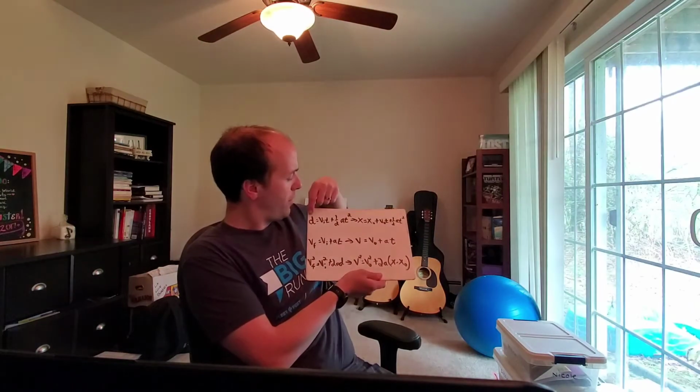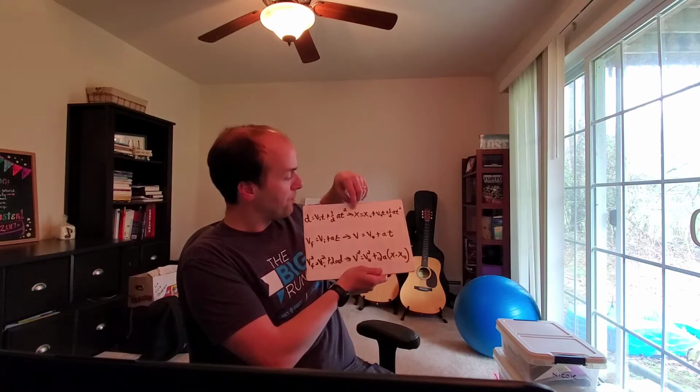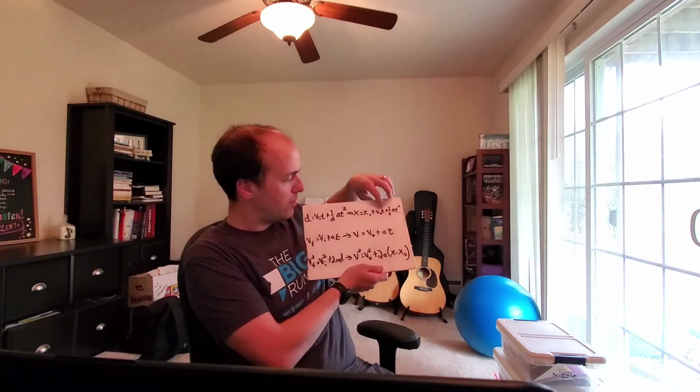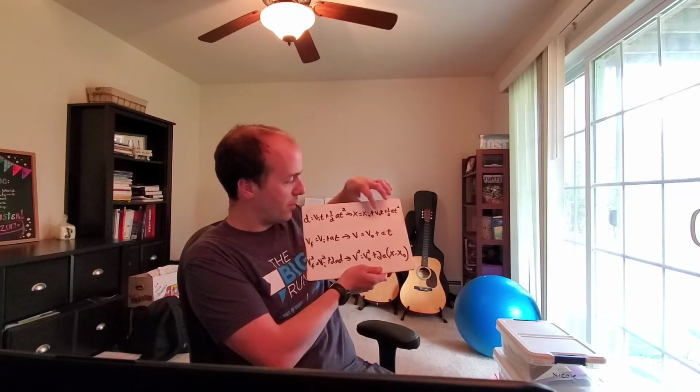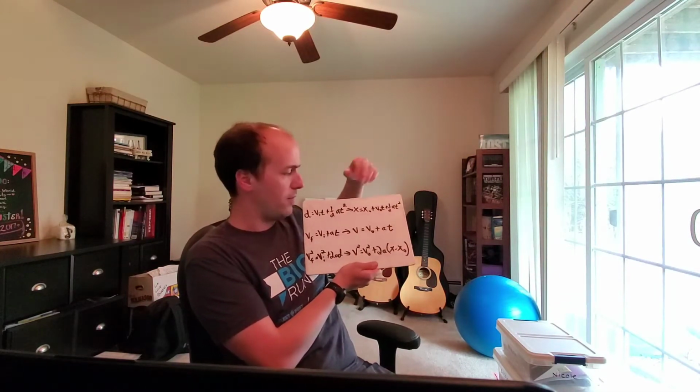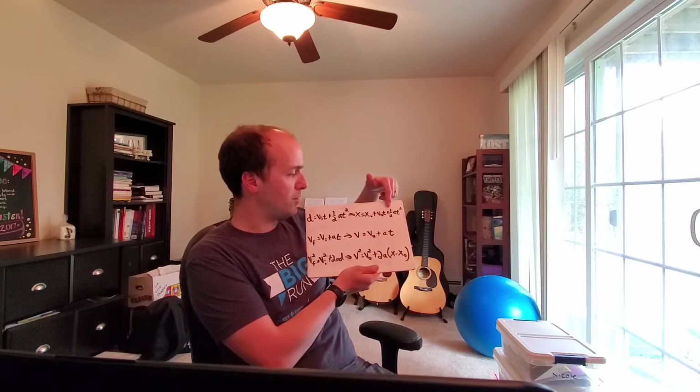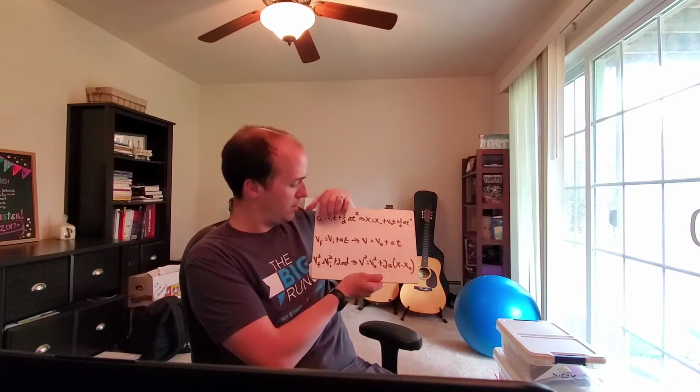So for d equals v_i t plus 1/2 a t squared, you have x equals x_0 plus v_0 t plus 1/2 a t squared. The 0 is sometimes pronounced "naught," and x_0 or v_0 just means initial. So x equals your initial position plus your initial velocity times time plus 1/2 times your acceleration times time squared.